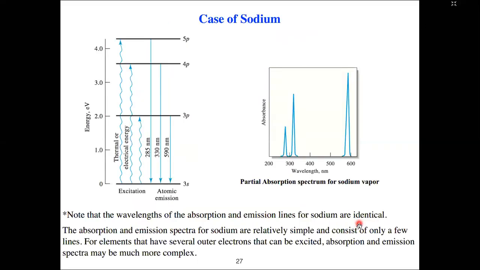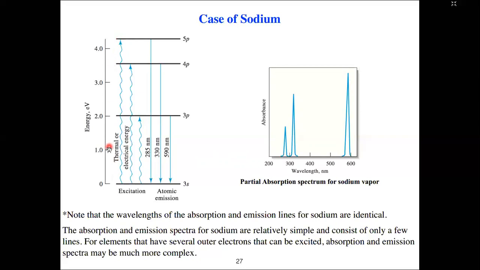So here is the case of sodium. In sodium, the ground state electron, the valence electron, is present in the 3s orbital, which, when it absorbs the right energy, can go to 3p, 4p, or 5p. As you can see, it requires 590 nanometer to go from 3s to 3p, 330 nanometer to go from 3s to 4p, and 285 nanometer to go from 3s to 5p.